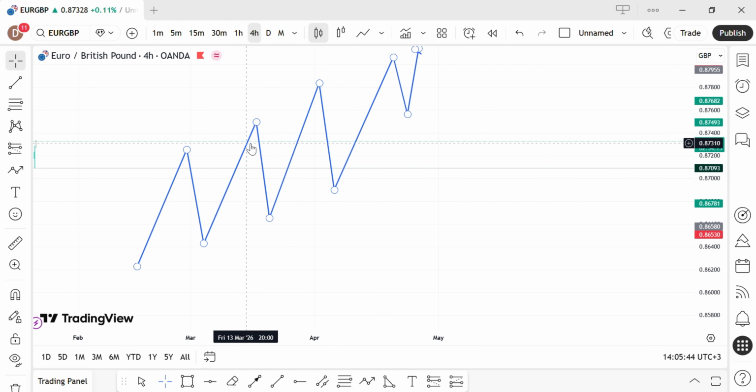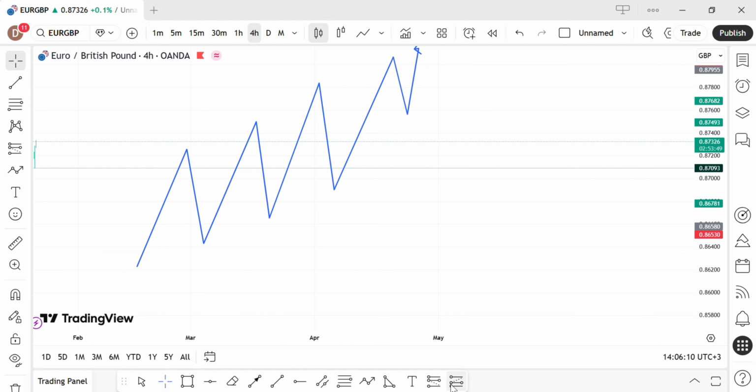You cannot take a buy here because you saw it has broken this level. And then when the market comes down for a pullback, you will have very huge drawdowns, which is bad for your mental.